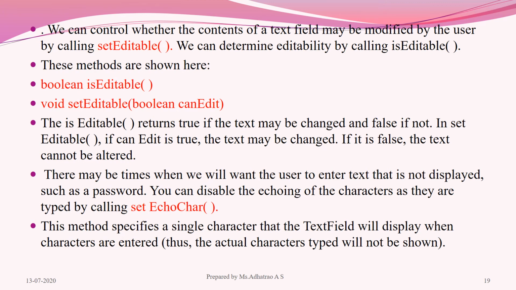We can control whether the contents of the text field may be modified by the user by calling setEditable. We can determine editability by calling isEditable. These methods are shown here. boolean isEditable() returns true if the text may be changed and false if not.